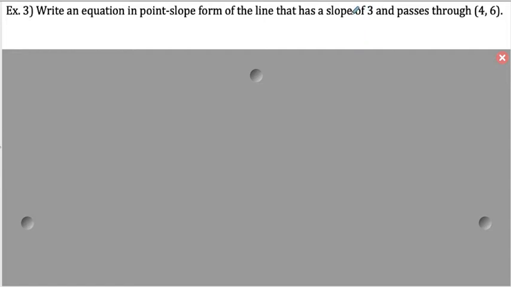So we are given a slope of 3 and an ordered pair of 4, 6. So we have this equation, and let's write it down to practice. So it's y minus y1 equals m times x minus x1. This is straightforward plugging it in. Slope of 3 goes in the m place, the 4 goes in the x location, and the 6 goes in the y location.